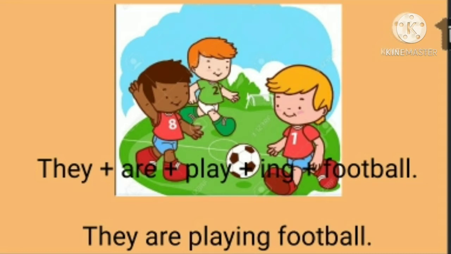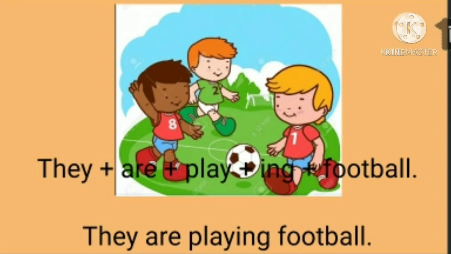Why are? Because my subject is plural. There are many boys. Then to that are, I will add the verb 1, that is play. Then to that play, I will add ing. And then after my ing, I will add the object, that is football. So my sentence formed will be, they are playing football.